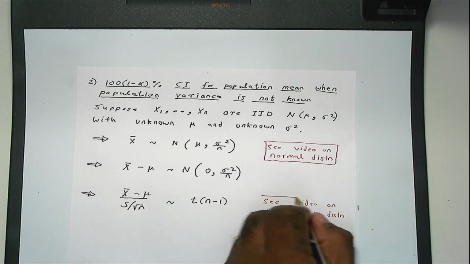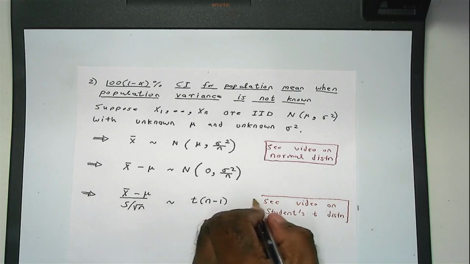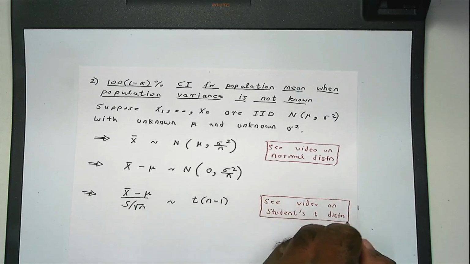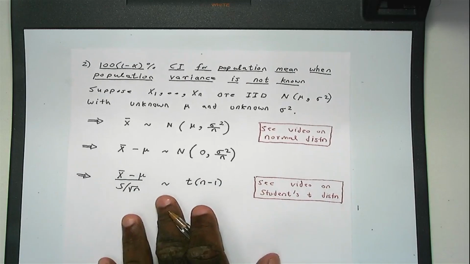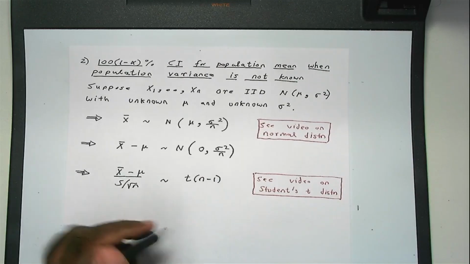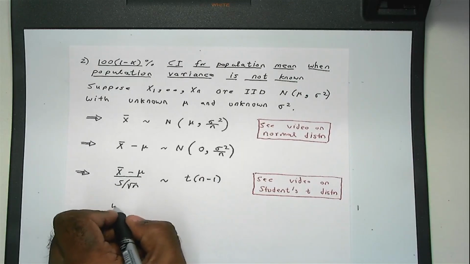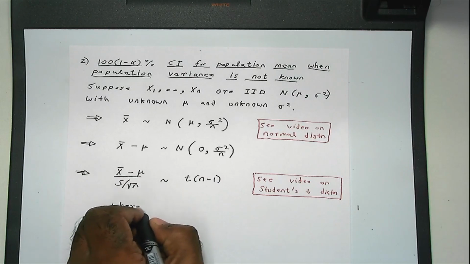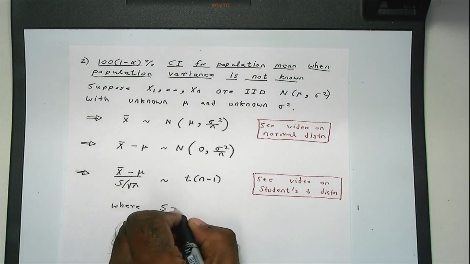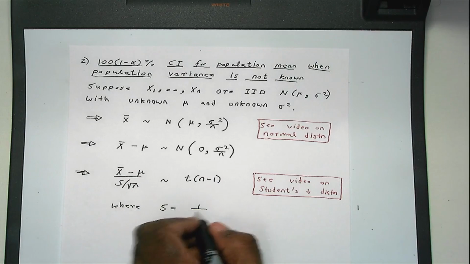So this is one of the properties in that video. Right. Where S here, S is the sample standard deviation with n minus 1, not n, okay?